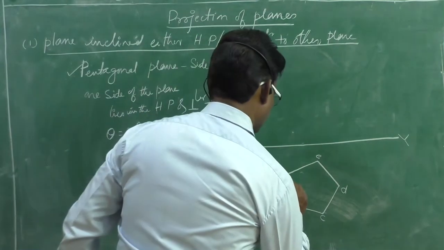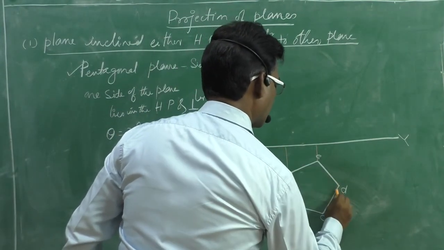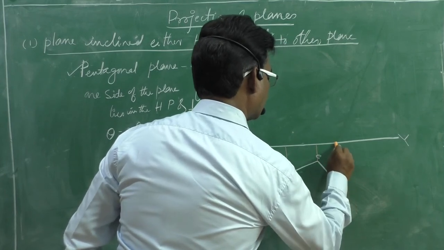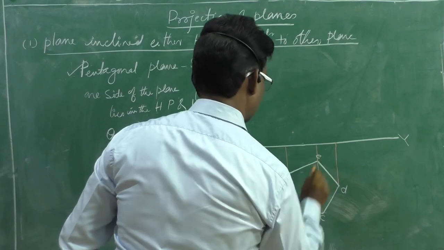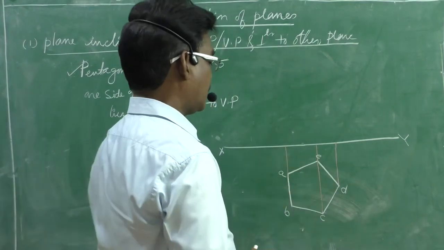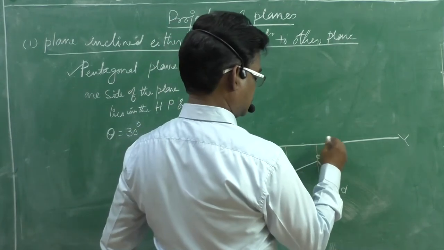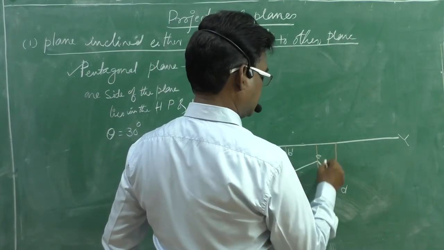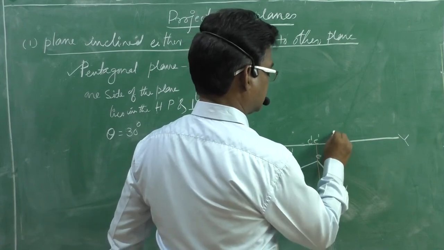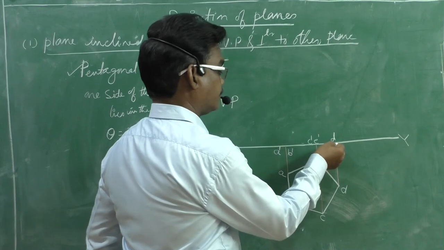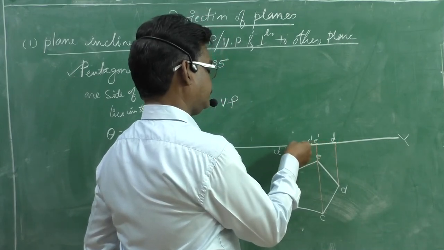Now project it upwards. And the required one, this is A dash, this is B dash, C dash and E dash. Next it is D dash. And here, this one is the required one.